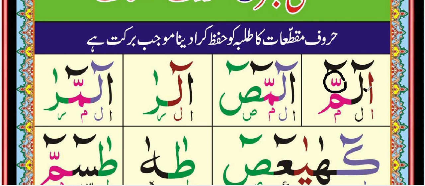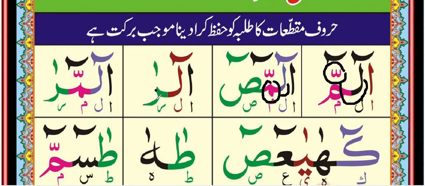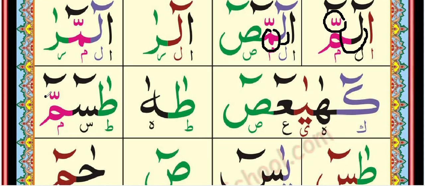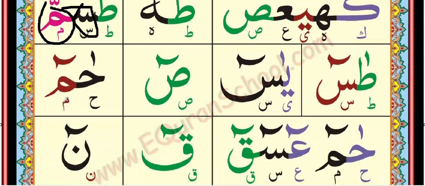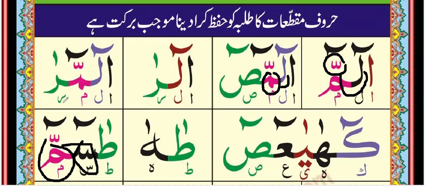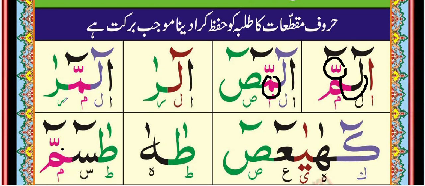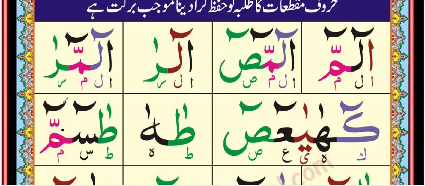The previous is lam, so you need to connect lam with meem. If you look at this one, this is meem, and the previous letter lam is connected with meem. Here the previous letter is seen, so seen is connected with meem. So the shadda is used for connecting.